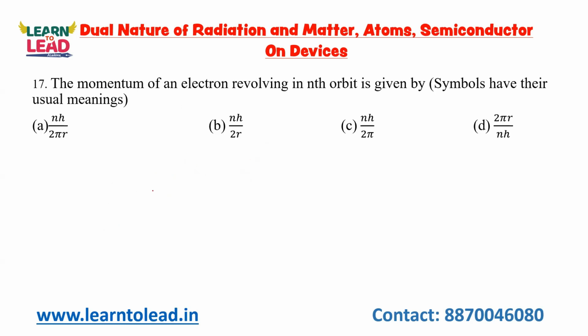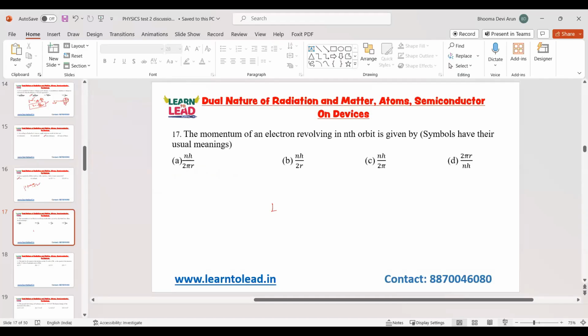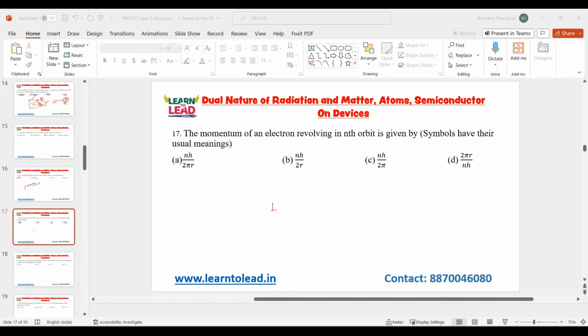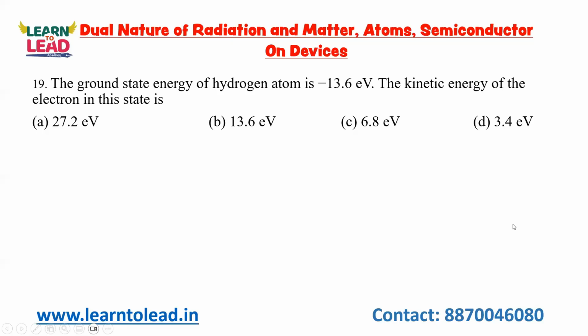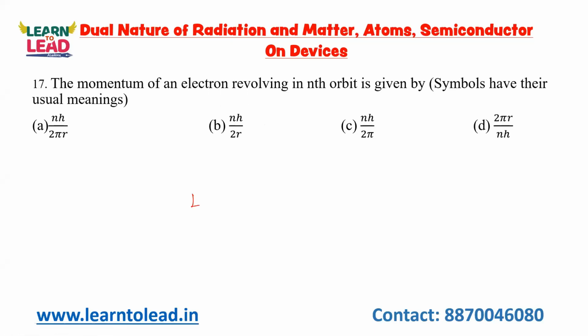Then, the momentum of an electron revolving in the nth orbit is given by: momentum is equal to mvr.